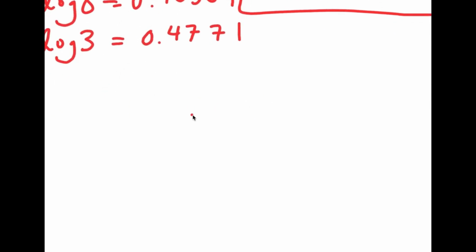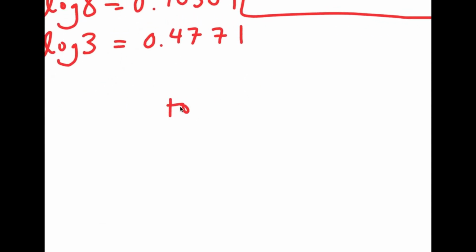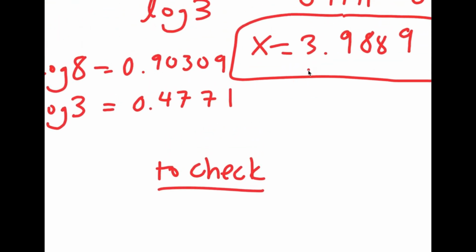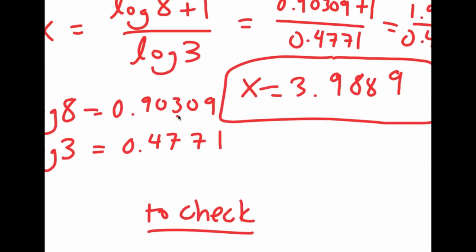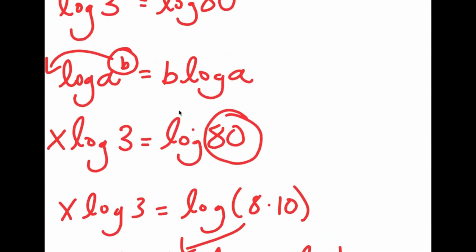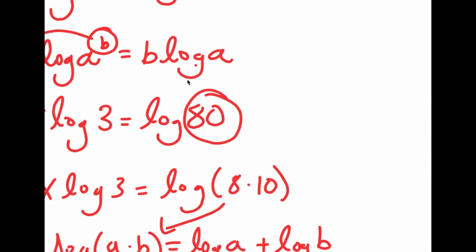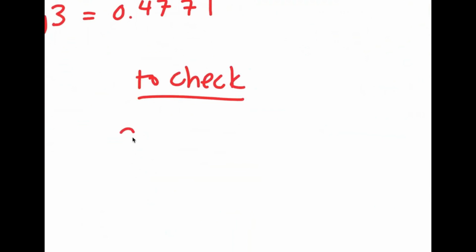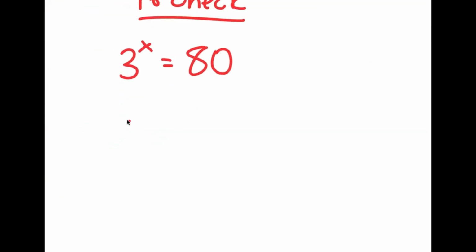Now, the only thing left to do is to check if my solution here is correct. So the original equation was right here, 3 to the power of x is equal to 80. And my solution is x is equal to 3.9889.